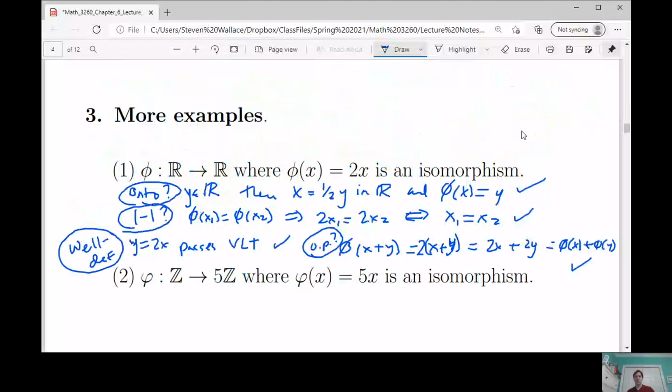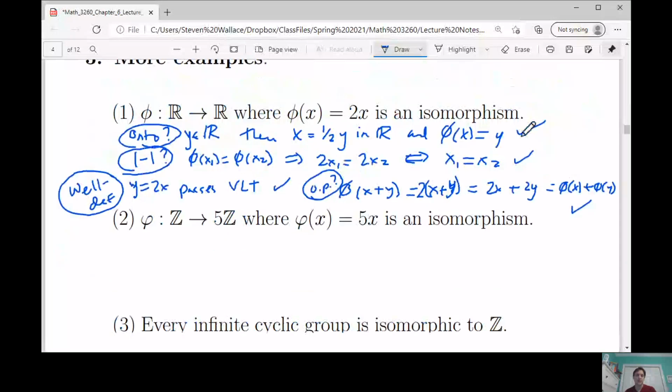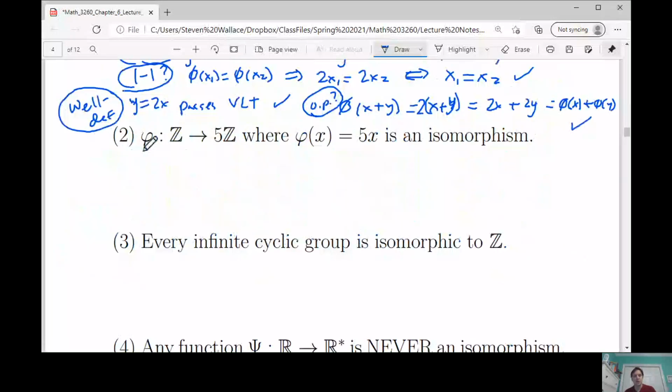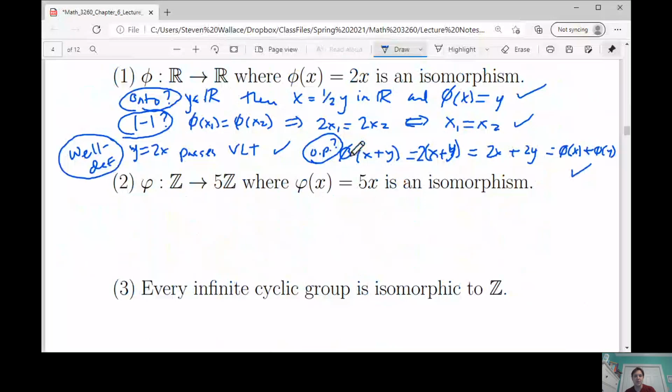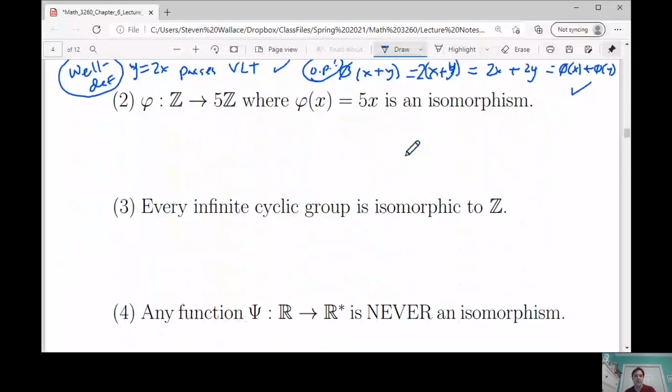Okay. So 5x plus y is 2 times quantity x plus y, distribute, and then you get that is the same. All right. How about this here? The integers to the integers multiplied by 5, so all multiples of 5. This would also give me an isomorphism. A very similar proof to this one will work there.